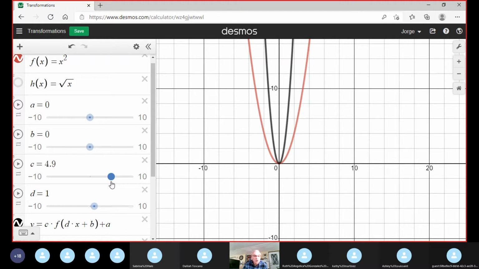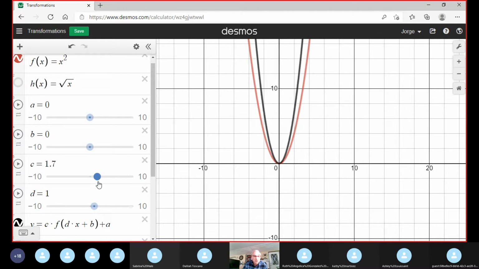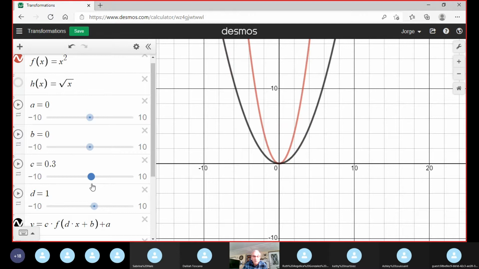This is 4, 5, 6, stretching. This is a vertical stretch, right? However, if you multiply by a number less than 1, suppose, this is 1, but let's go 1.3, 0.5. Oh. This is vertical compress. That's the technical name of this guy.